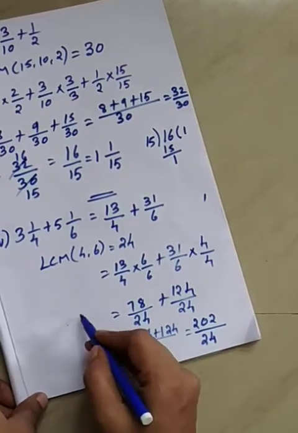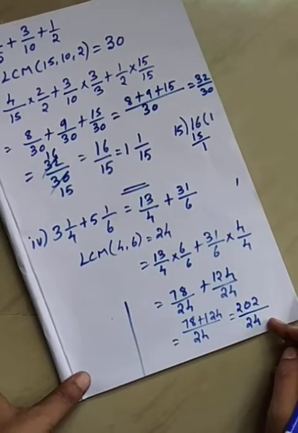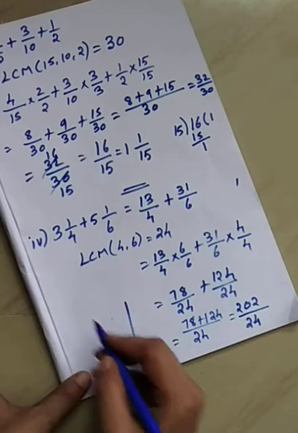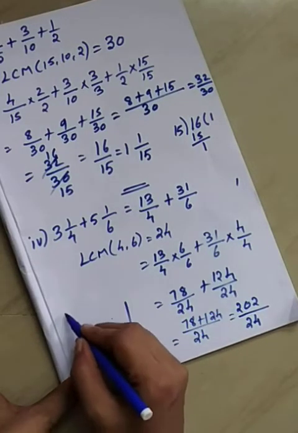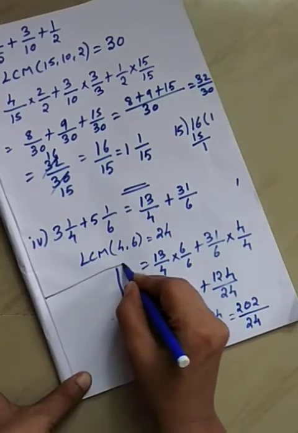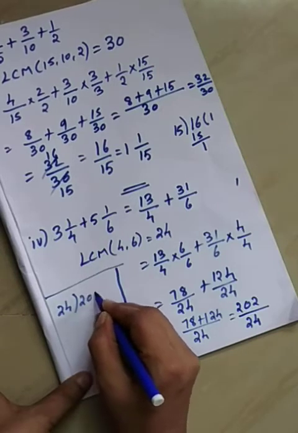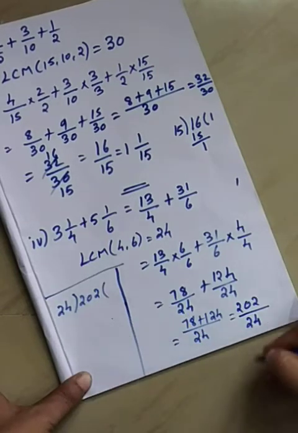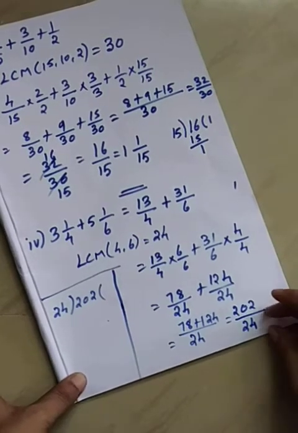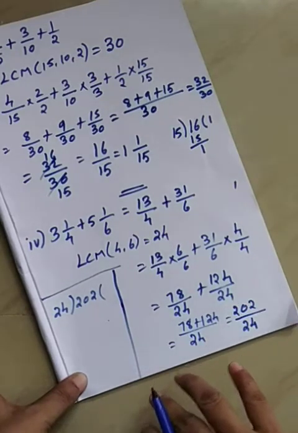See, 90 divided by 24 means you have to divide. Or otherwise you have to first simplify this one. After that you have to divide. Okay?